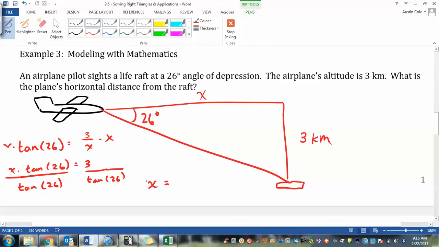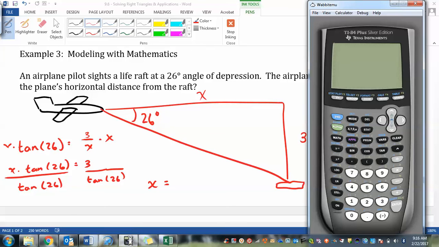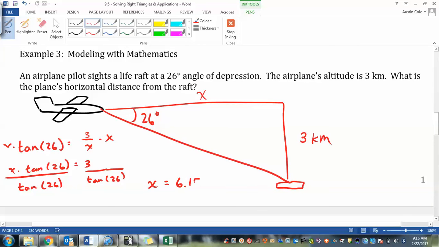X equals 3 divided by the tangent of 26. .15. What's our label? Kilometers. Any questions there?